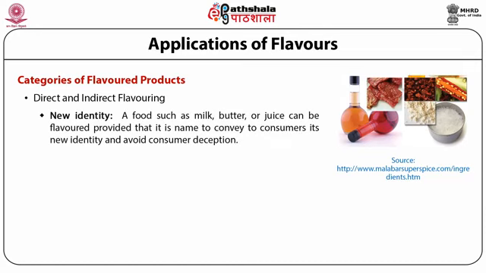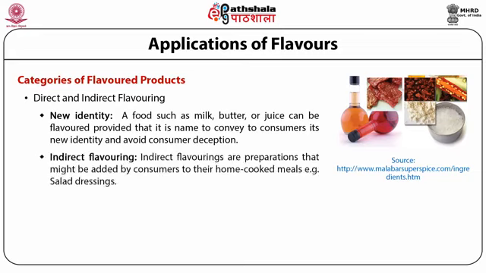Again, to get a new identity, a food such as milk, butter or juice wherein flavor is not permitted to be added, here we can have different varieties of these products by addition of flavor. Or indirect flavoring, in the sense, indirect flavorings are preparations that might be added by consumers to their home cooked meals, as for example salad dressings, that are provided to the consumers and consumers are using them as flavoring ingredients.